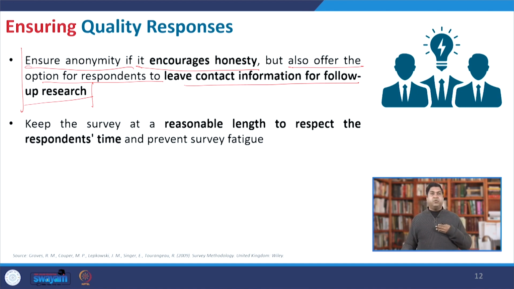Suppose you go for a one-to-one expert interview, in that case you should know the expert, you should have the contact details of the expert, for communicating the findings, or in the case of Delphi, to present the summary you need to follow up. This is not the case probably for the user-based survey, because there we do not need any kind of personal information, because it is something like a random sample, but that is not the case for the expert-based.